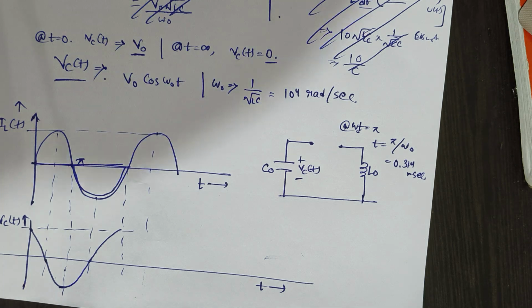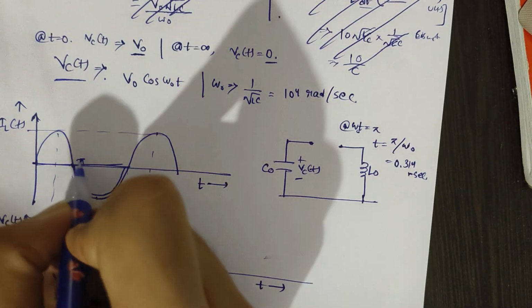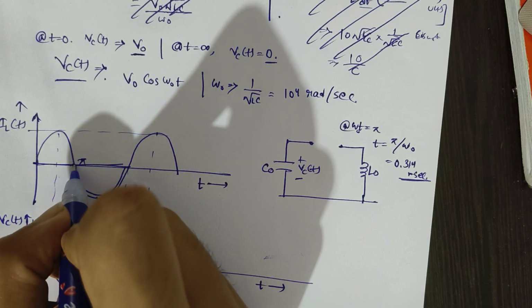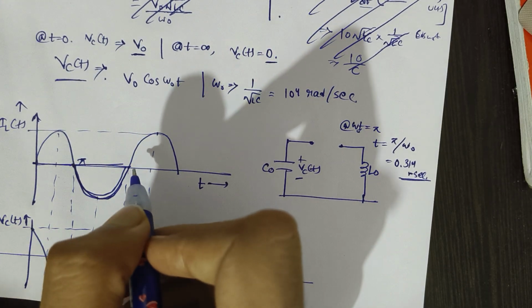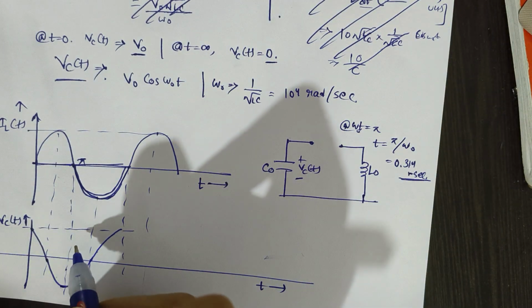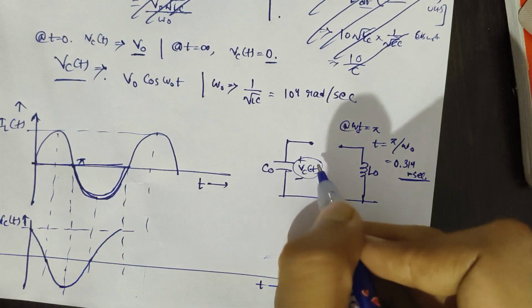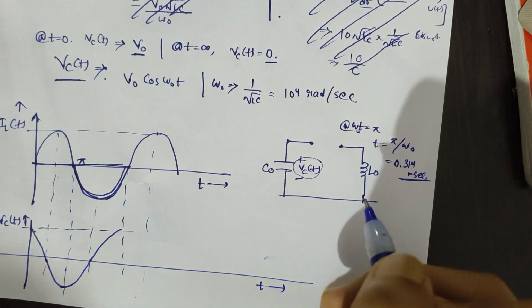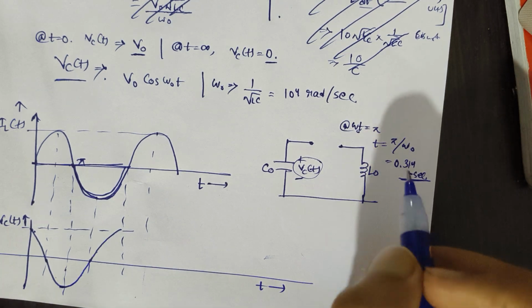Okay, so at 0.314 millisecond, we are finding out that the current is going in the opposite direction. So that's where the VC(t) will be stuck, and it will not change its value after that point, and the current here also will be stuck and not change after this point.